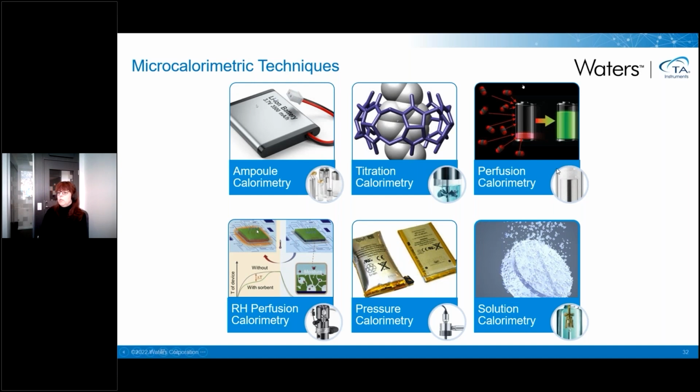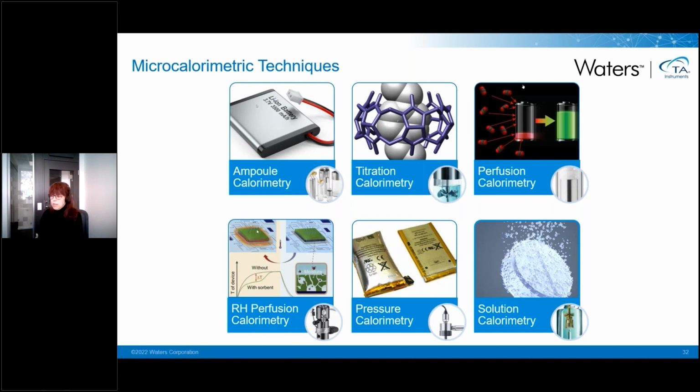Perfusion calorimetry will offer possibilities for maybe an individual material to change the atmosphere between gases, study oxidation, or change the conditions above the sample to study specific reactions. RH perfusion calorimetry is a special version of the perfusion calorimetry.